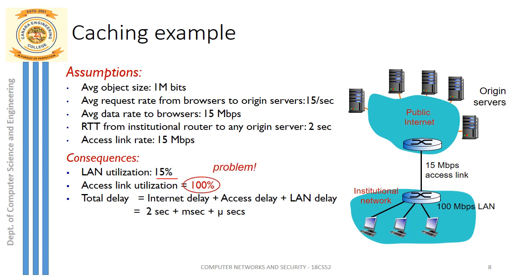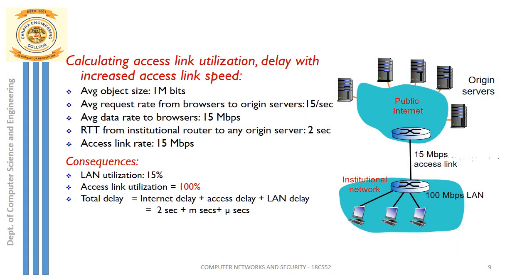So there will be congestion between the institutional network and the public network, or internet. To solve this problem, we have a solution. One solution for the problem is increasing the access link speed.